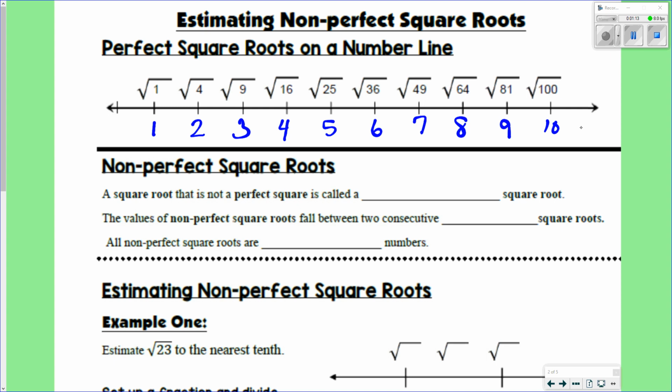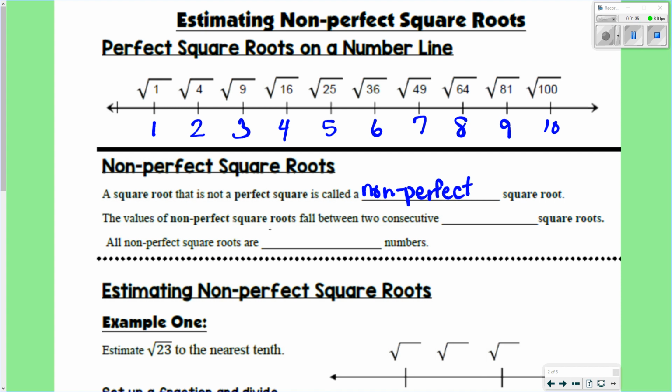And then yesterday in class, we talked about non-perfect square roots. A square root that is not a perfect square is called a non-perfect square root. And so you saw that in yesterday's discovery investigation lesson in your Desmos.